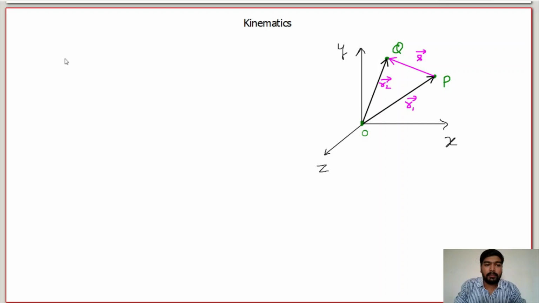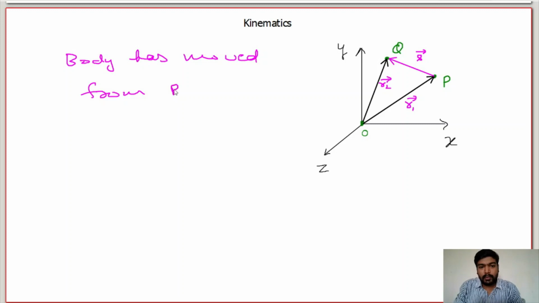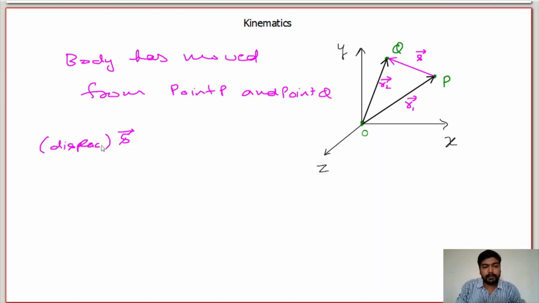In this, the body has moved from point P to point Q. Then our displacement vector is called the change in position, or position vector.